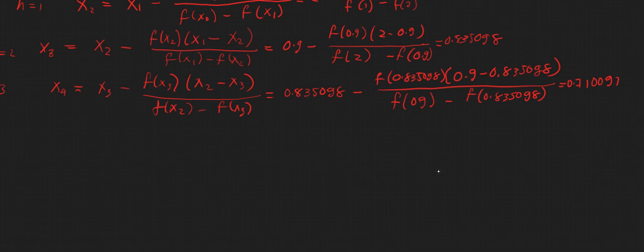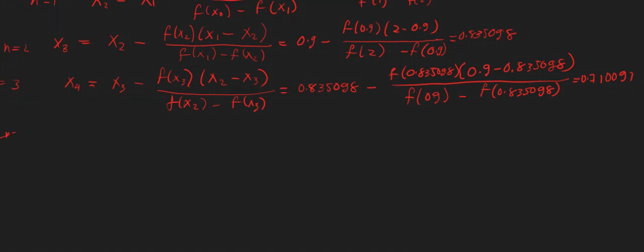So this time now it's n equals 4. N equals 4. So we will be solving x of 5, 4 plus 1. So this will be x4 minus f of x4 times x3 minus x4 all over f of x3 minus f of x4.